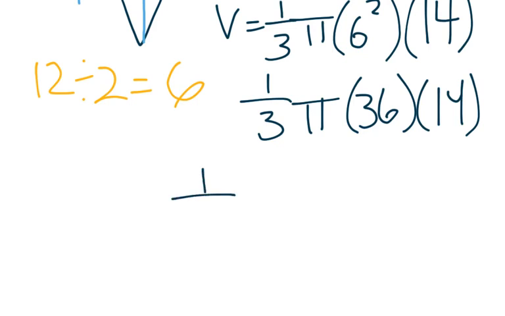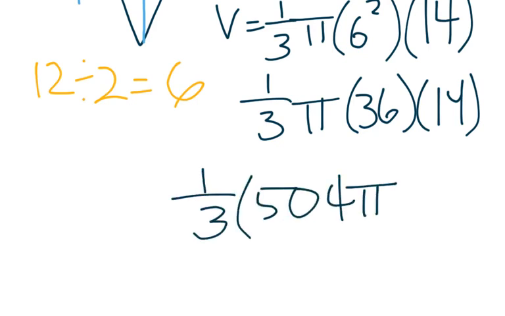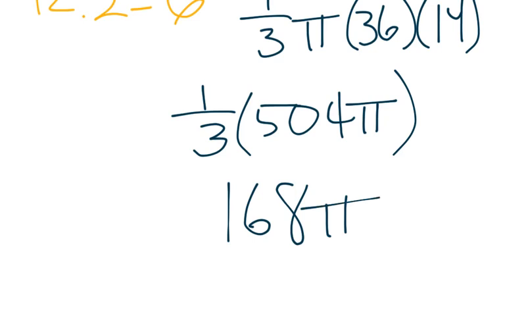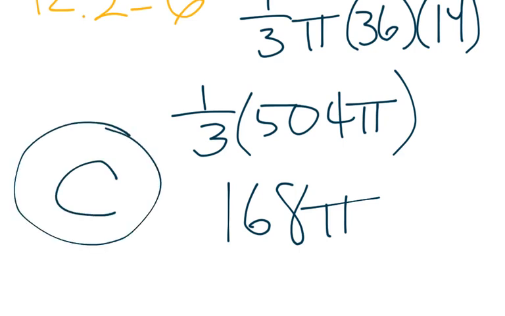So we have 1/3 of 504 pi. And anytime you multiply something by 1/3, what you're really doing is dividing it by 3. So our answer is 168 pi. And let's look at our possible answers. It matches up with C. So C is our answer for number 7.